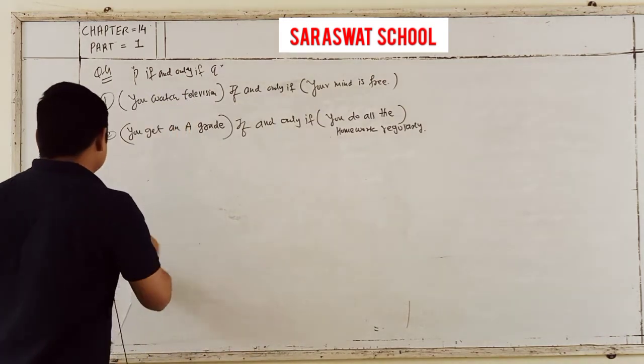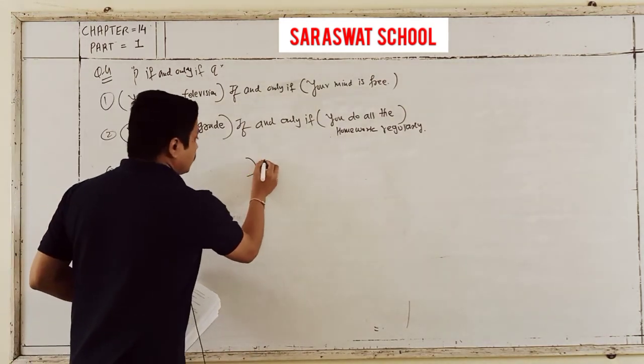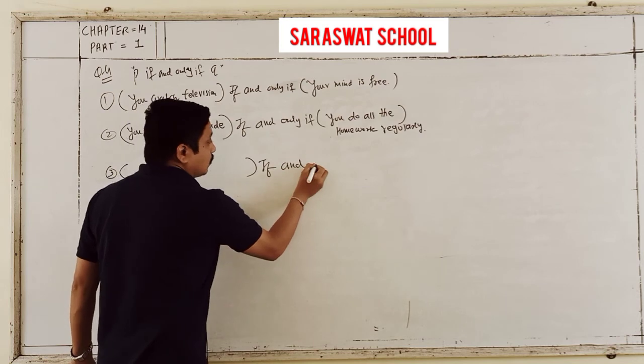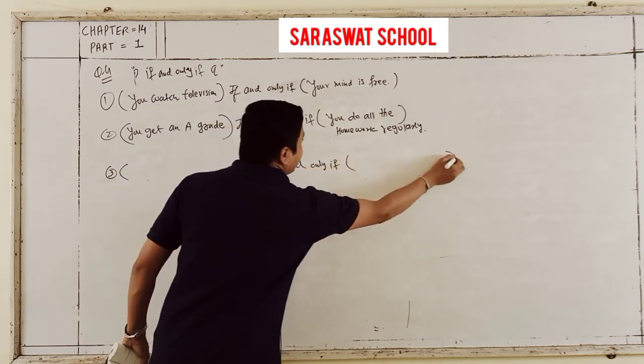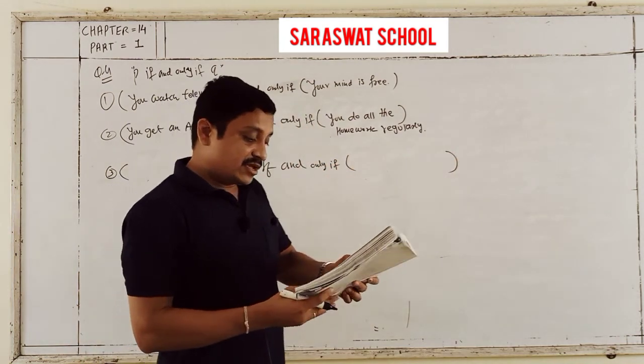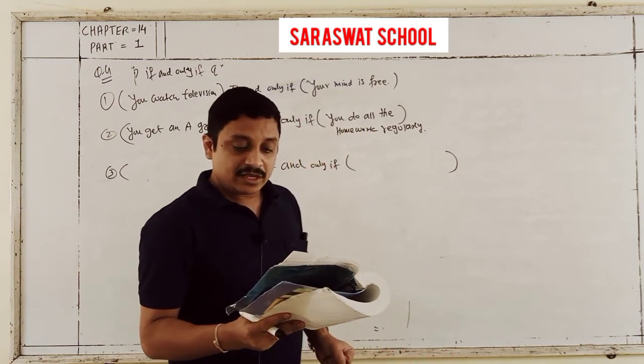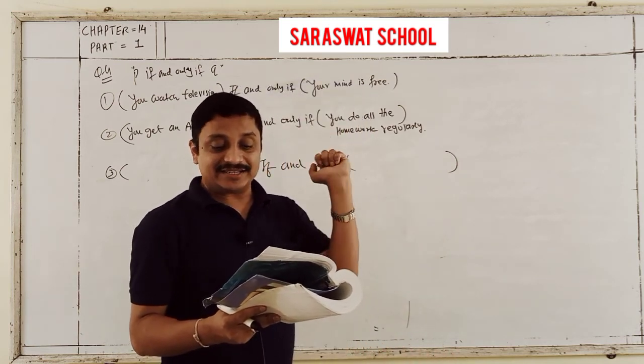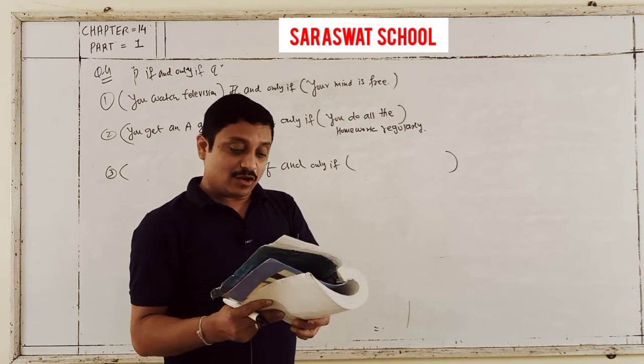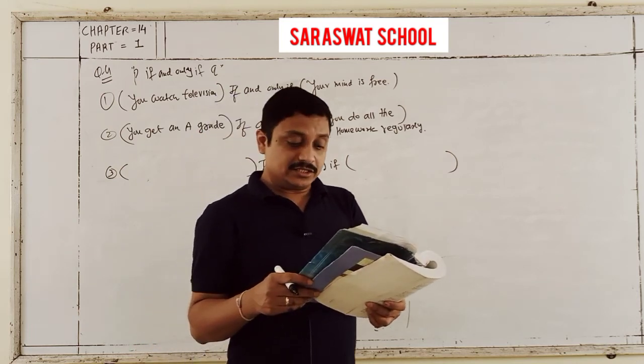Next, the third one, same: if and only if. The given statement is: if a quadrilateral is equilateral, then it is a rectangle, and if a quadrilateral is a rectangle, then it is equiangular.